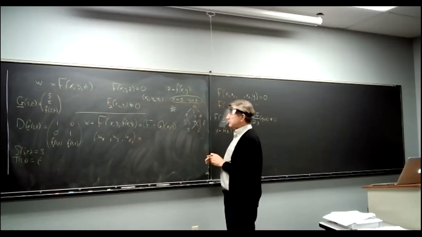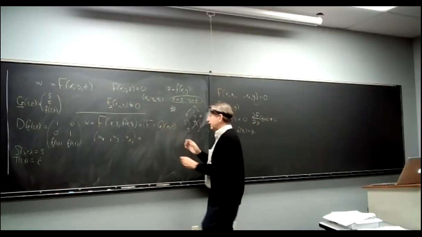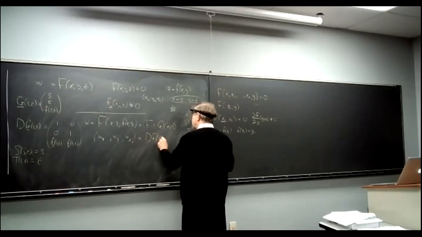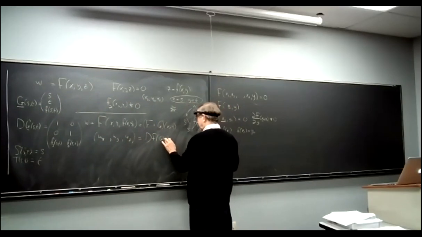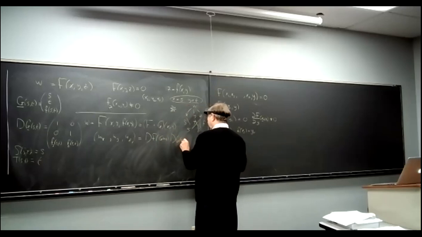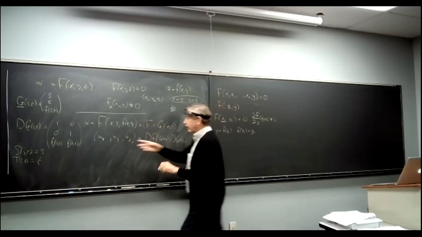So three space into one space. If I differentiate this, what I have officially is df of g of xy, or st, okay, times dg at xy, or st, depending. Now, this dg at xy is this thing I wrote over here.